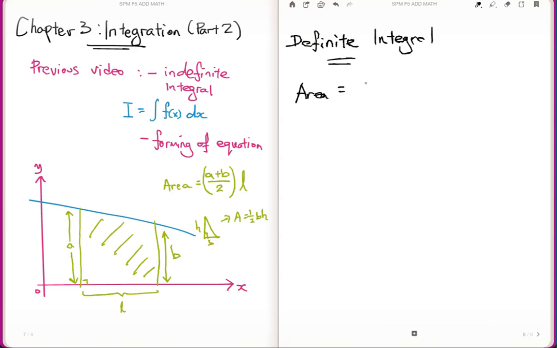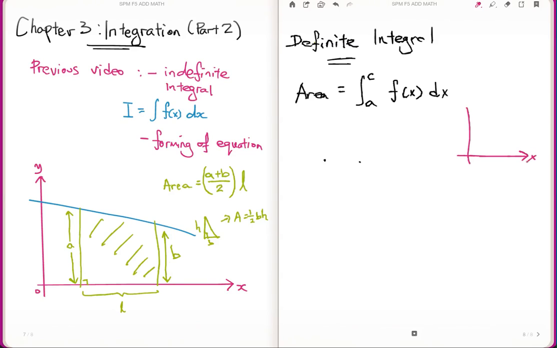If you want to look for area, integration from a to b of a function f(x). So this could be any function. You should go back to my previous video 1 to look for this. Say the curve should look like a small curve, maybe put it here.